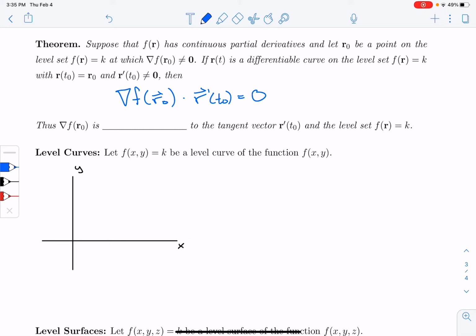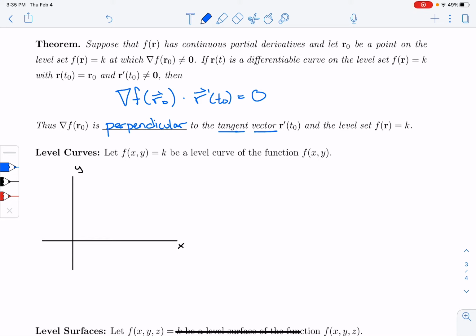And so we're saying that the gradient is going to be perpendicular to r prime of t0, but r prime of t0 is the direction of the tangent vector. So the gradient is going to be perpendicular to the tangent vector for the level set f of r equals k. Therefore, it's actually going to be perpendicular to the level set f of r equals k.